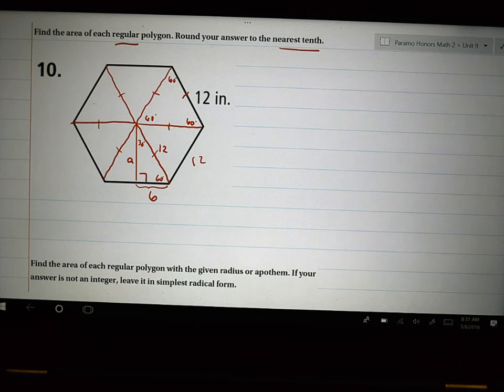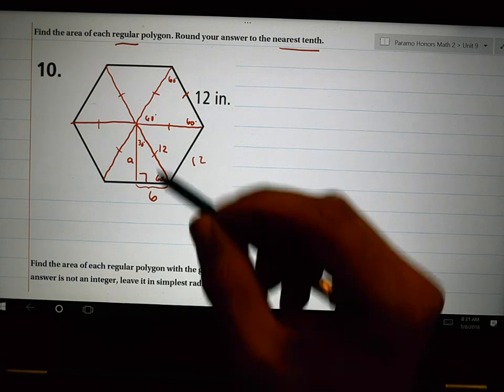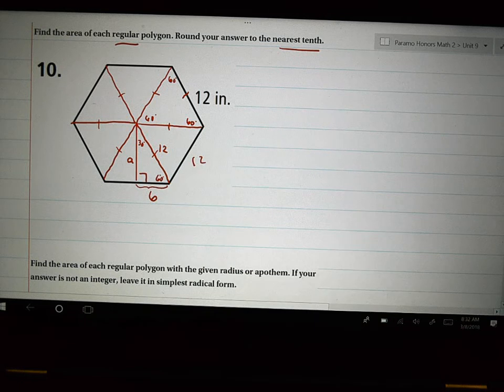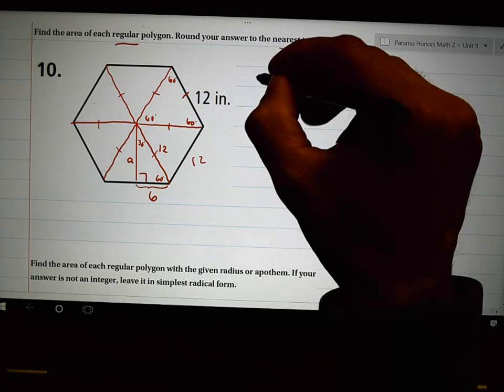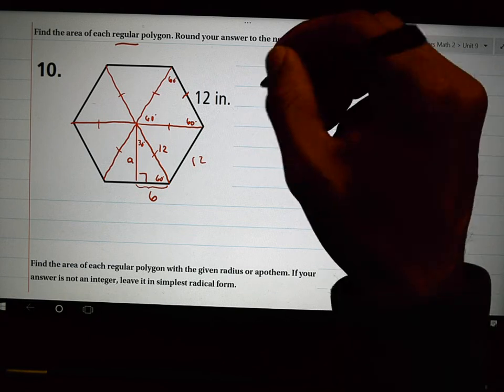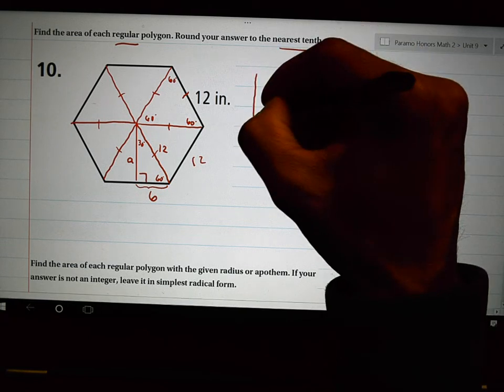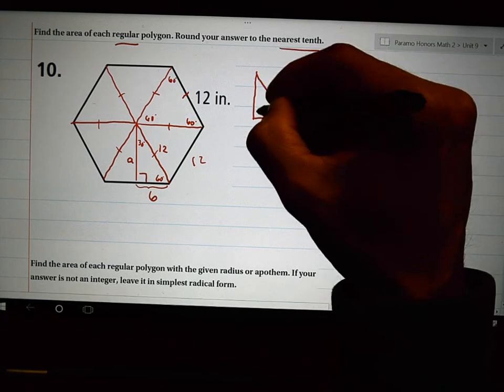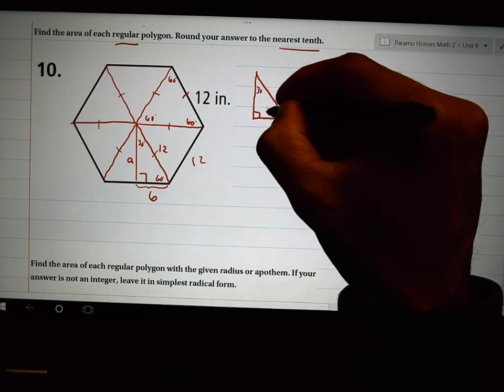I'm hoping what you see is a 30, 60, 90 degree triangle. If you do not know your 30, 60, 90 degree triangle, you may need to review previous notes. I'll kind of draw out over on the side a 30, 60, 90, just so you can remember what the shortcut is.